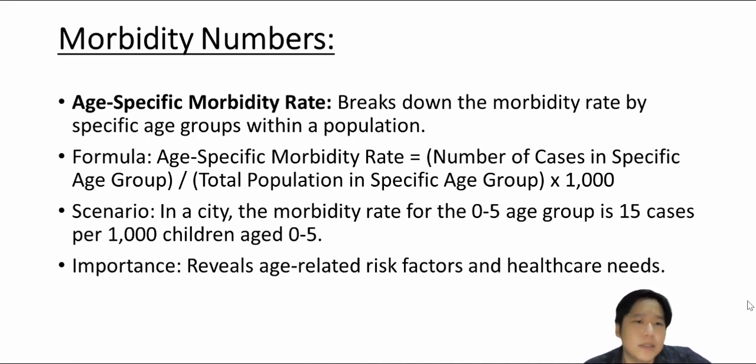What is the importance? The importance is to identify age-related risk factors and healthcare needs. So, in this scenario, for example, why is the age-specific morbidity rate in this particular age group 15, compared to adults, where there are only 2 cases per 1000?